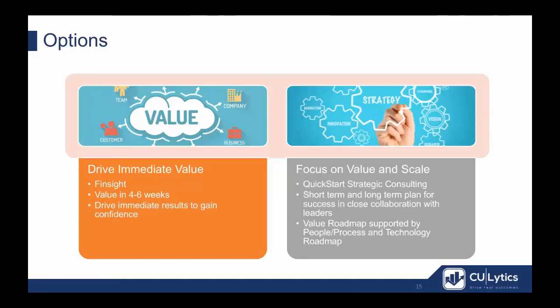What FinSight does is that it looks at your transaction data, and there are pre-built models which can help provide lists of members who may be right there for refinance of the auto loan, or mortgages, or moving of the 401k, or opening some CDs and things like that. And here you can drive immediate results which can help you in gaining the confidence.